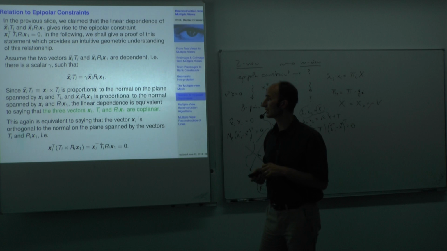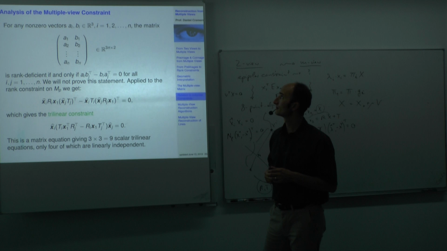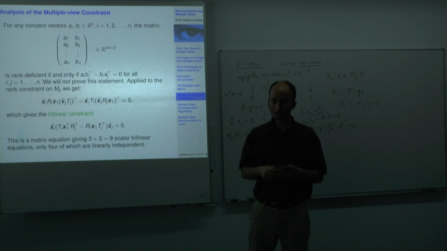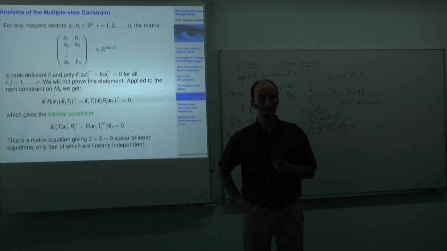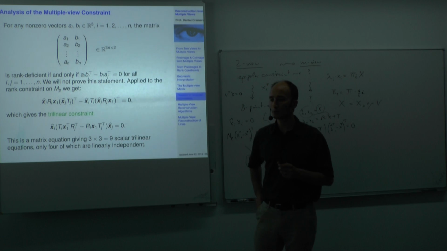So in other words, we can derive the epipolar constraint from the multiview constraint. But there is more in it. So considering multiple views is more informative than just considering pairs of images. So we not only get the epipolar constraint, but we get more.